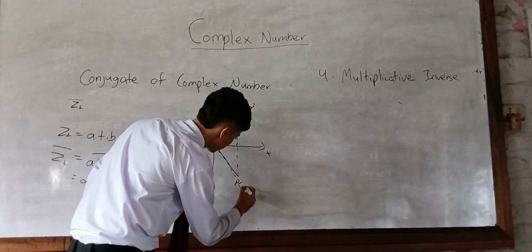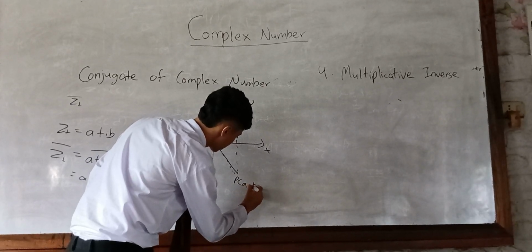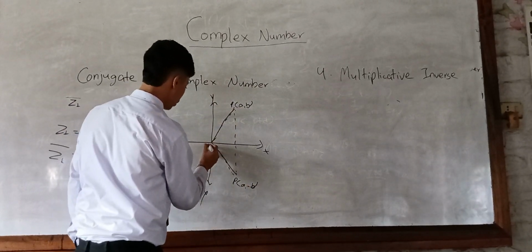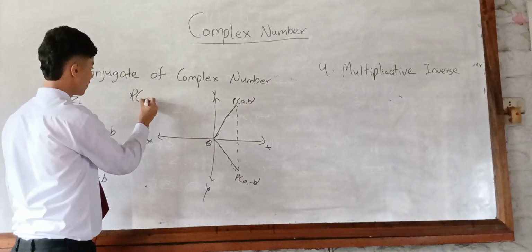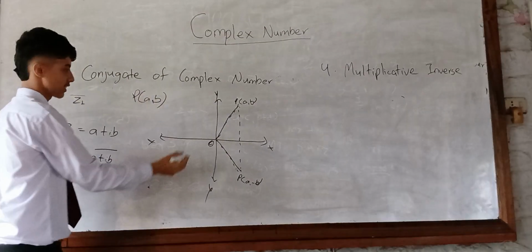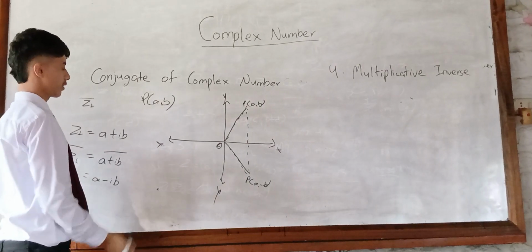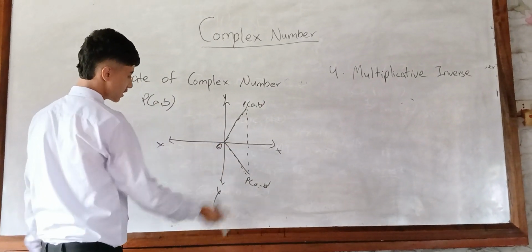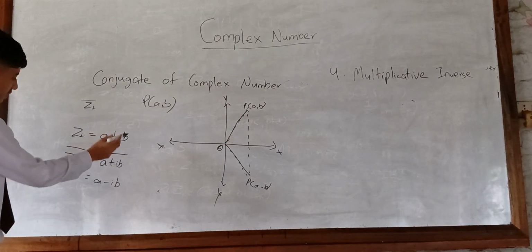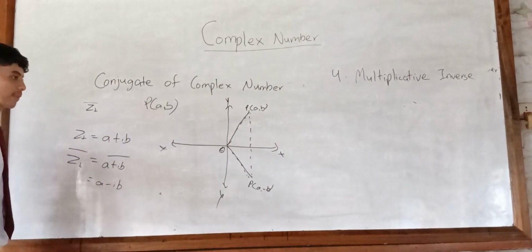Then it becomes a comma minus b. So basically, the conjugate is a reflection of the point P, a comma b, under the x axis. So the conjugate can be explained by the reflection of any point under the x axis. So the conjugate of a plus ib is given by a minus ib.